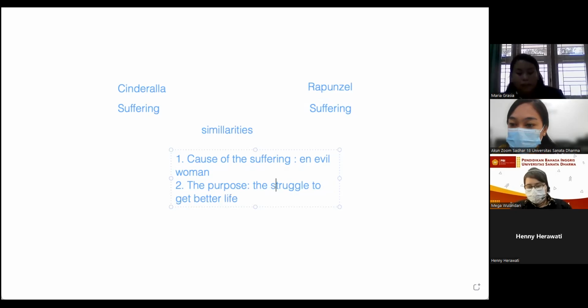Now, can you explain what struggle Cinderella faced? When Cinderella lives with her stepmother and stepsister and cannot join the party, and Cinderella tries to find a prince.